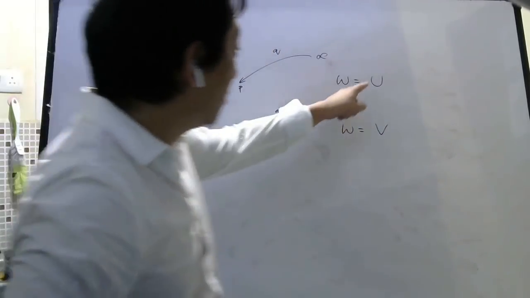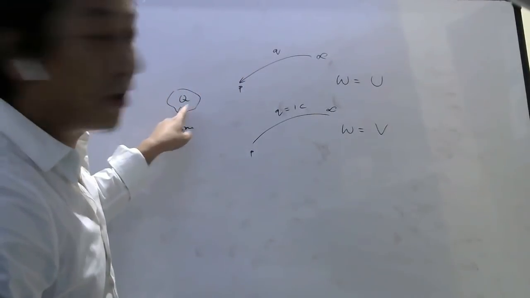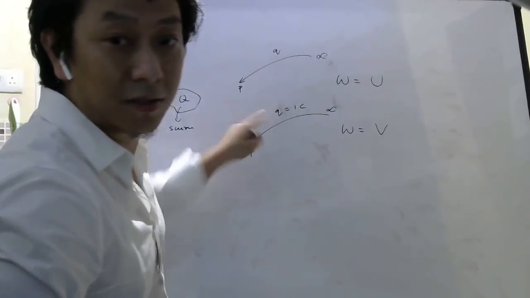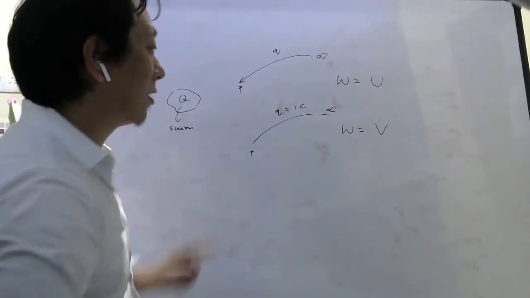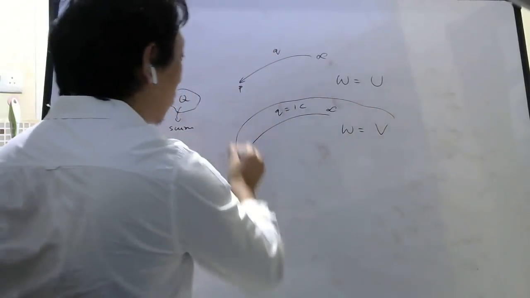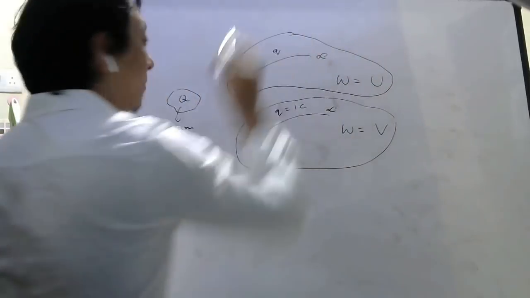Now out of these two, which one will depend on only source charge and not this charge? Can you think? Potential will depend only on source charge, because this is work done to bring 1 coulomb charge. This is work done to bring Q charge.